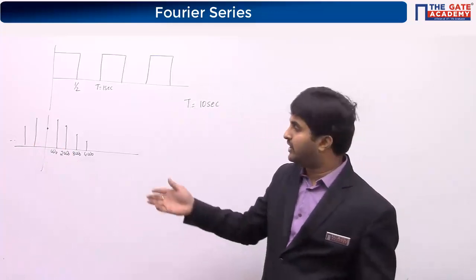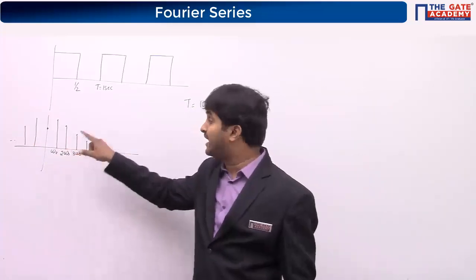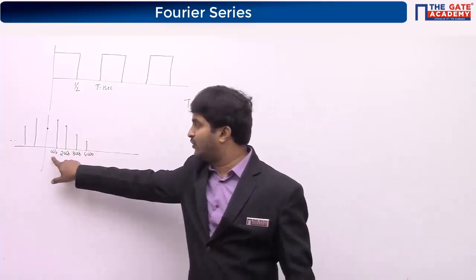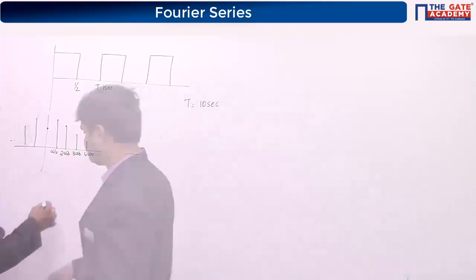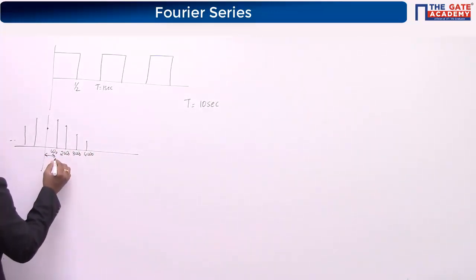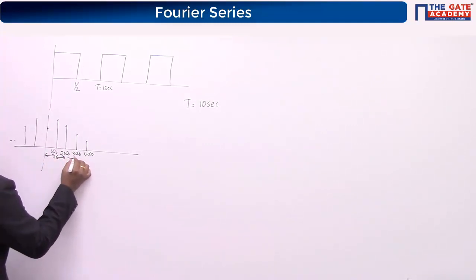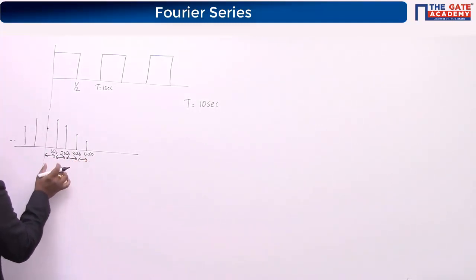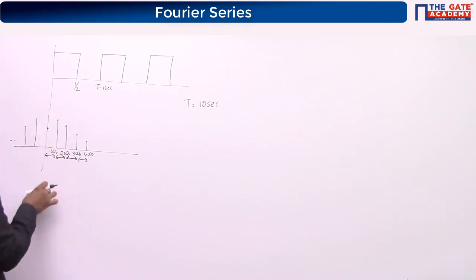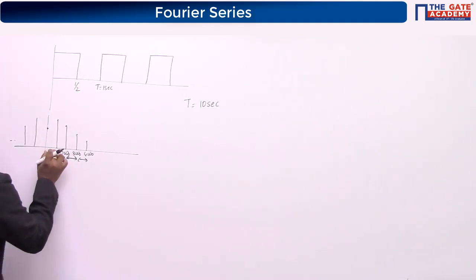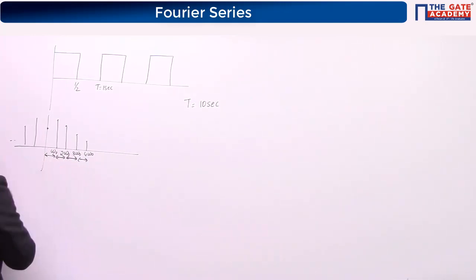Omega naught is not only the fundamental frequency, it is also the spacing between the different frequencies. So as omega naught comes down, the spacing is also going to come down.